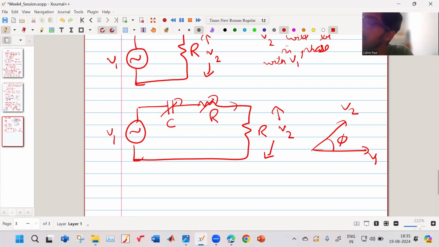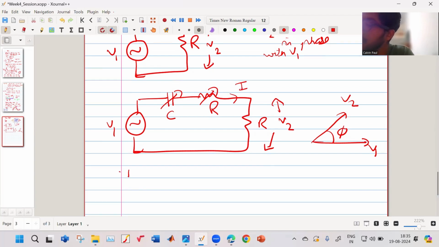So there is actually some current which is flowing. That current which is flowing is V1 upon, let us say, R1 plus R plus 1 upon j omega C1.